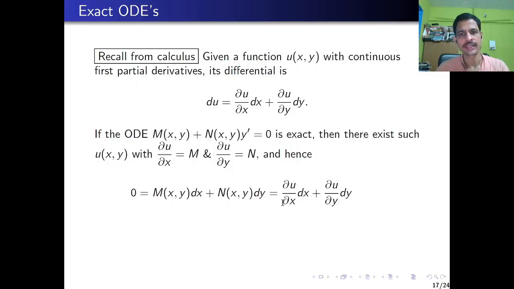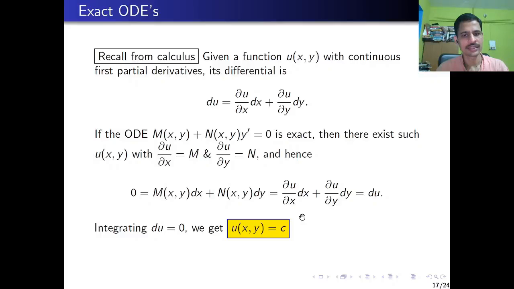So we get this expression, namely ∂u/∂x dx + ∂u/∂y dy is equal to 0. But we know that this is the differential, so this means du is equal to 0, where du is shown here. But du is equal to 0, when we integrate, this will give us that u is constant. So this is an implicit solution of our exact ODE.